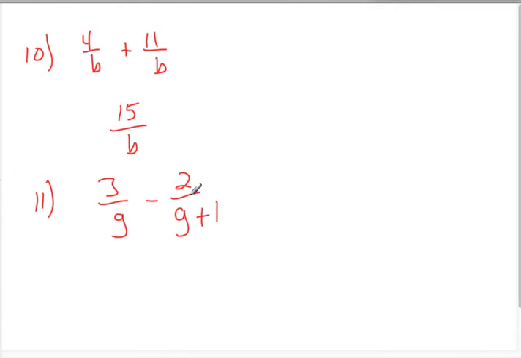They have nothing in common factor-wise, because this g is not a factor of g plus 1. So the least common denominator is going to be g times g plus 1. So in order to give this a g plus 1, we have to multiply both top and bottom by g plus 1.